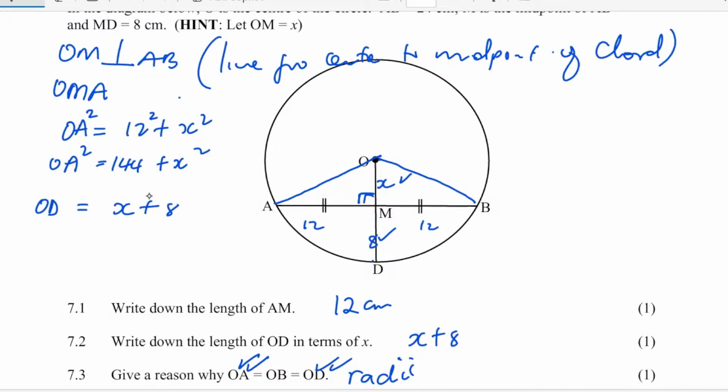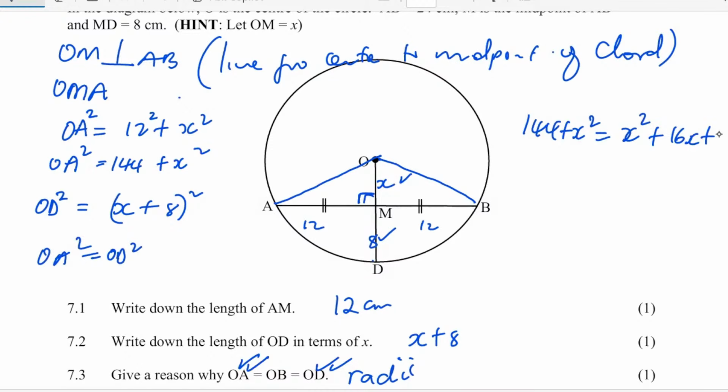Okay. And then if we square this and we square that, and then equate the two, it simply means that 144 plus X squared is equal to X squared plus 16X plus 64. The X squared and X squared will fall away, meaning that 144 is the same as 16X plus 64.